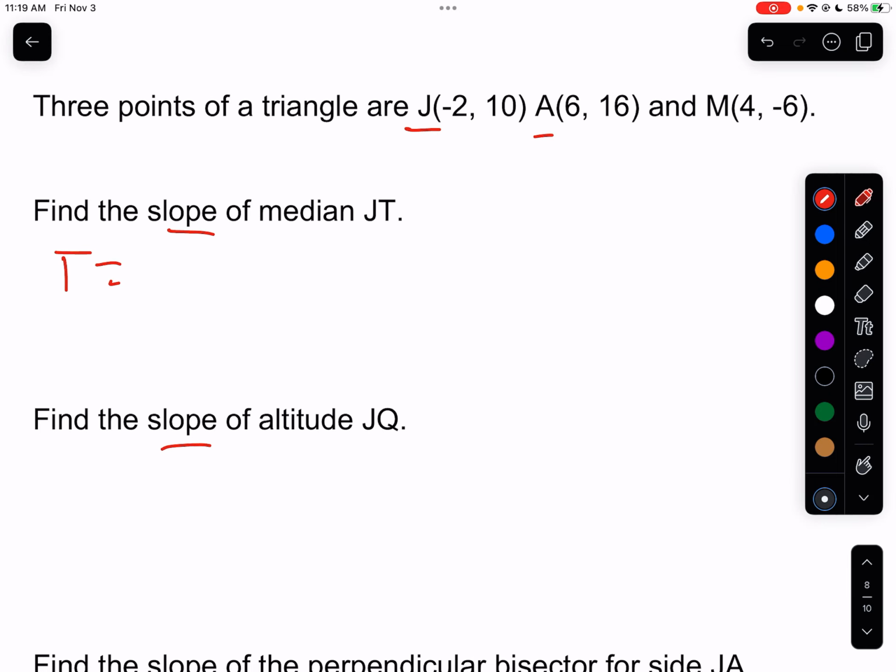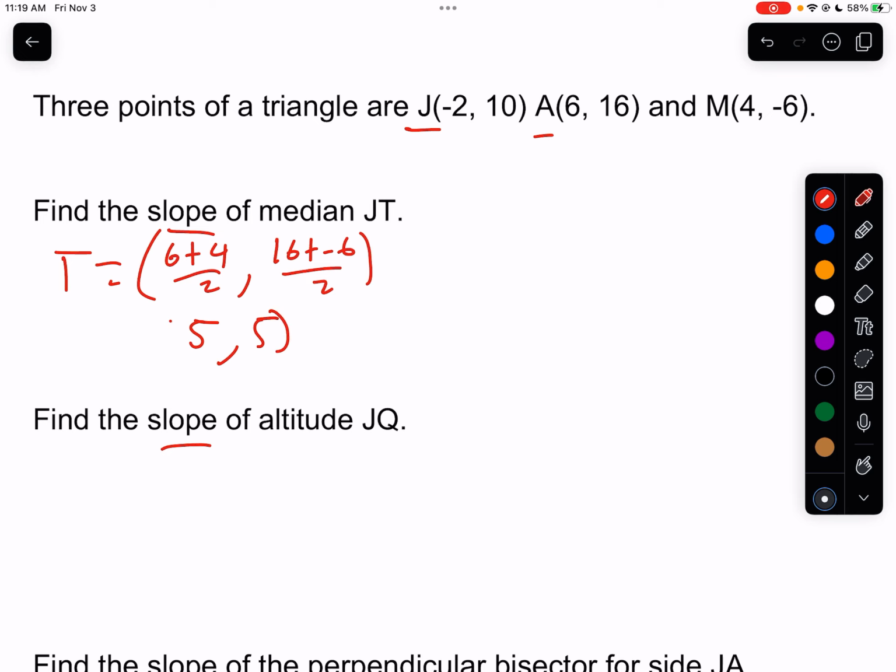So for this problem, X plus X would be 6 plus 4 divided by 2. Y plus Y would equal 16 plus negative 6 divided by 2. That would be 5, 5. Nice. So point T is at 5, 5.